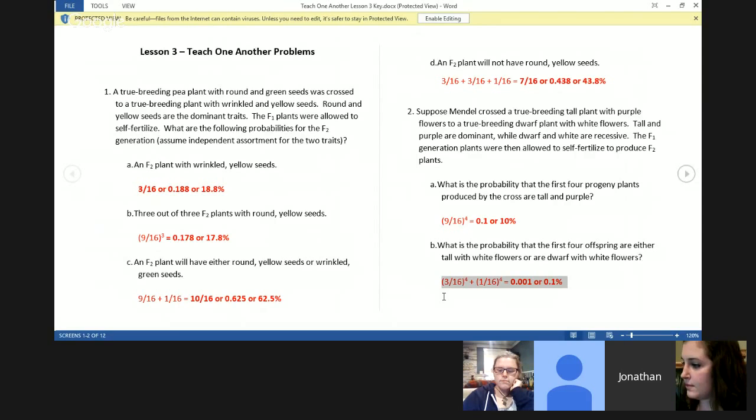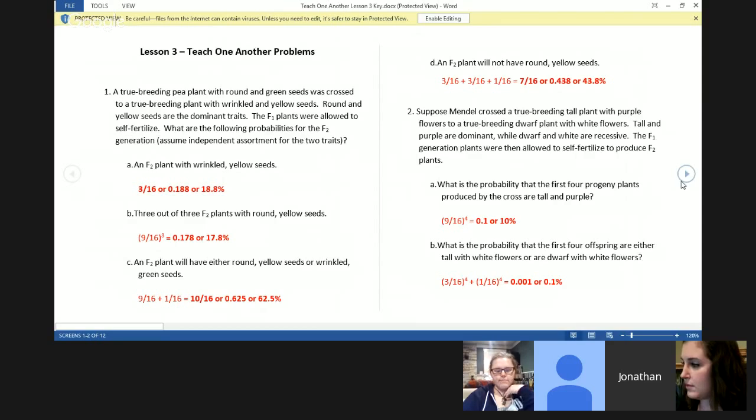I'm not sure how they got... wait a minute, hold on. 4 out of 16 to the fourth. Oh, there it is. I didn't take it to the fourth power on both of them, so that's why. Yeah, or multiply each one of them by 4, which is pretty much what a power is. Right, so that would explain why I didn't get that answer on B. Perfect.